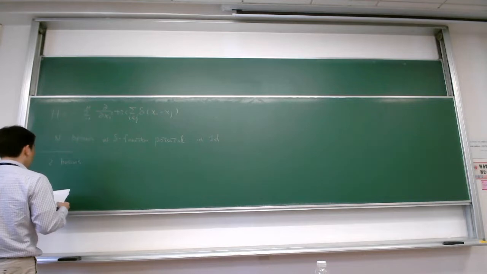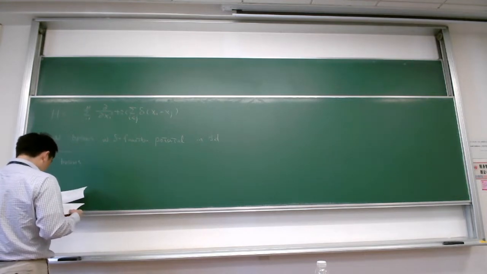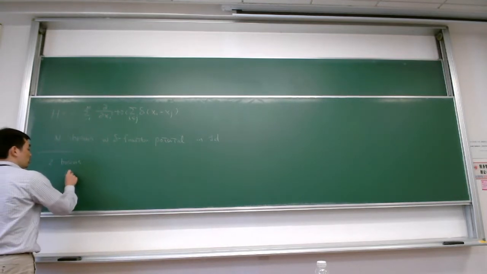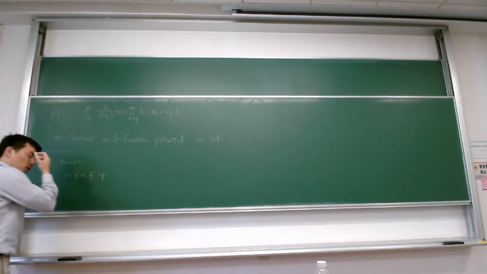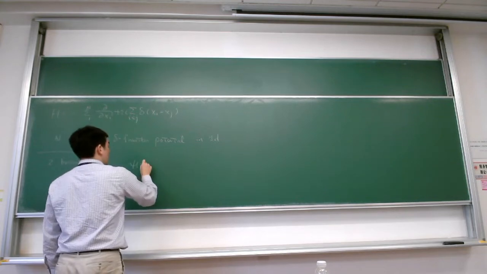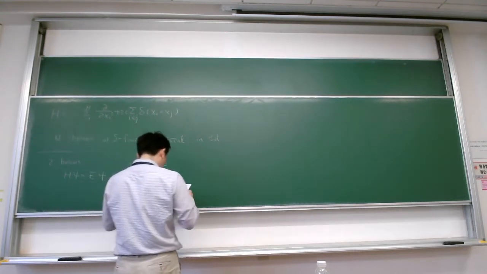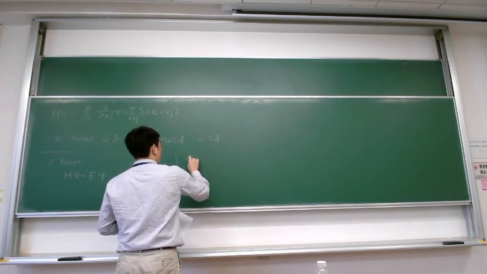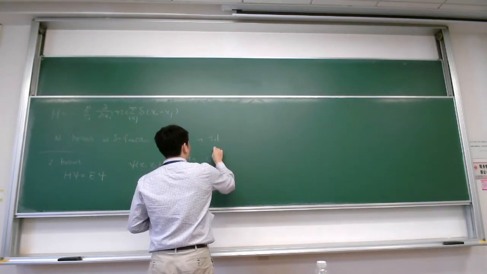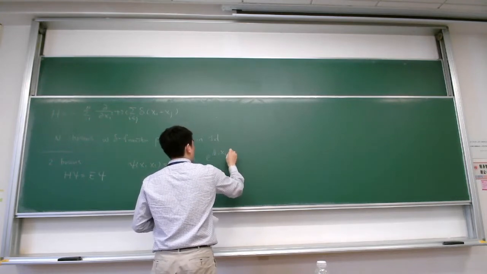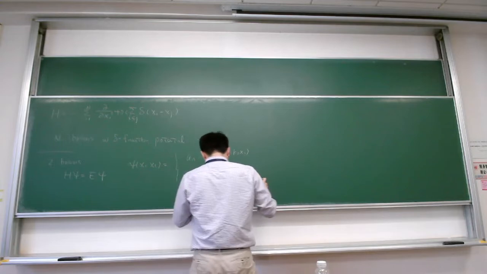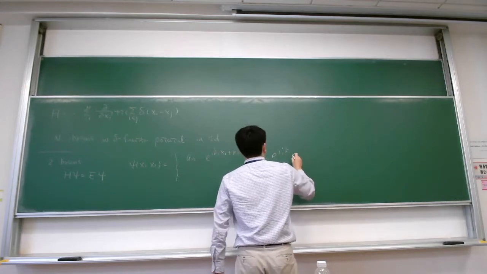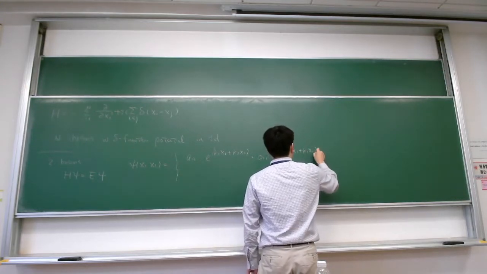We made an ansatz that the wave function, since we want to solve the Schrödinger equation, can be written as A12 e to the i (k1 x1 plus k2 x2) plus A21 e to the i (k2 x1 plus k1 x2).